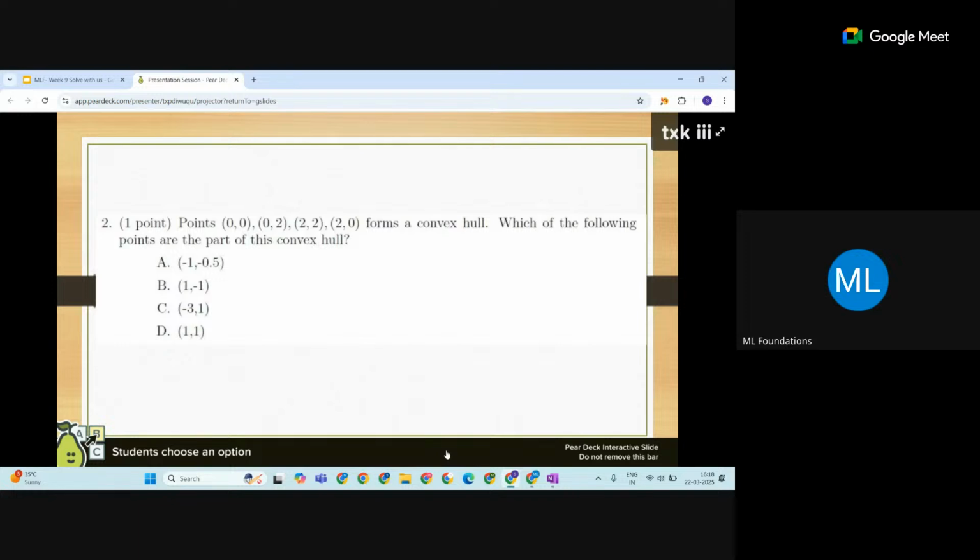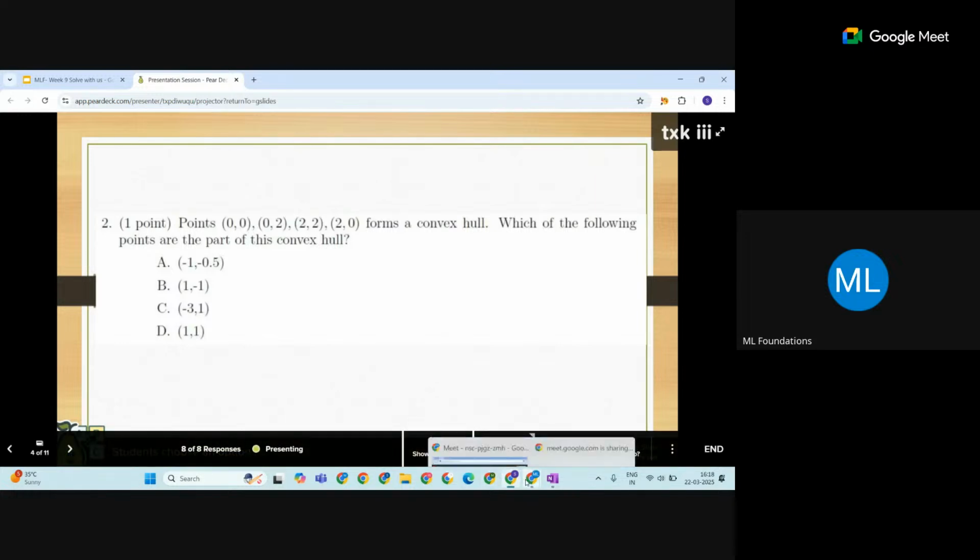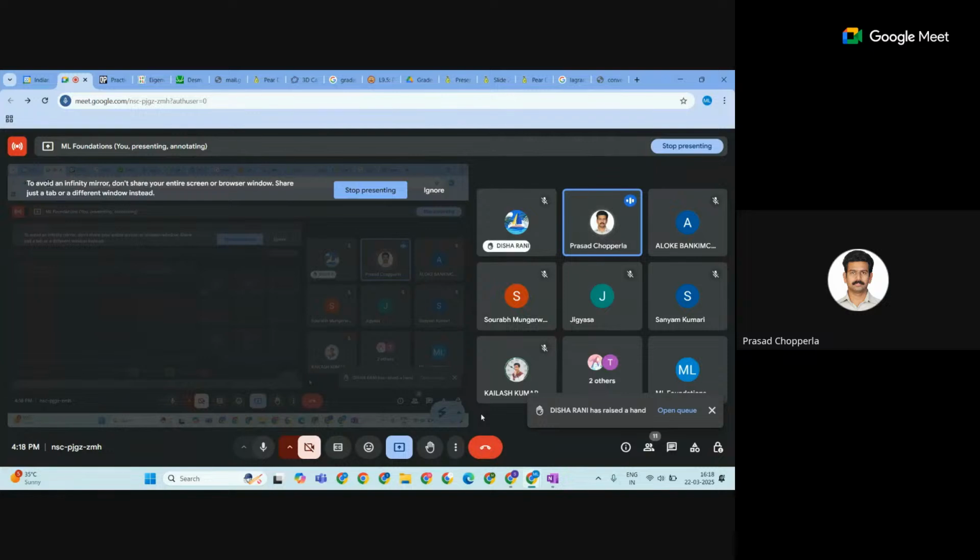Any different method anyone got? Yeah. I think we can also try applying the lambda for the x coordinate, which is ranging from 0 to 2, and also for the y coordinate, which is also ranging from 0 to 2.